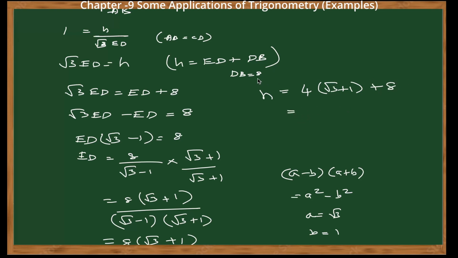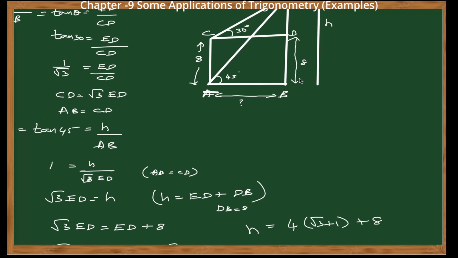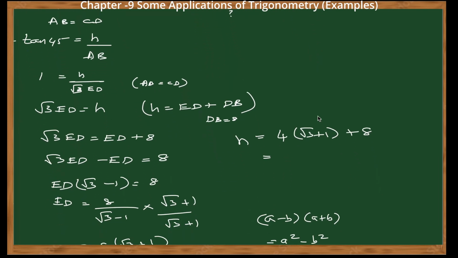How did we get the value of DB? DB is given here, so hence we took this value. Let's solve it further: 4 root 3 plus 4 plus 8, which is 12.